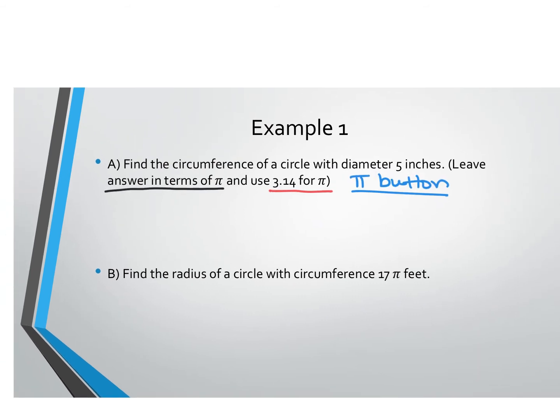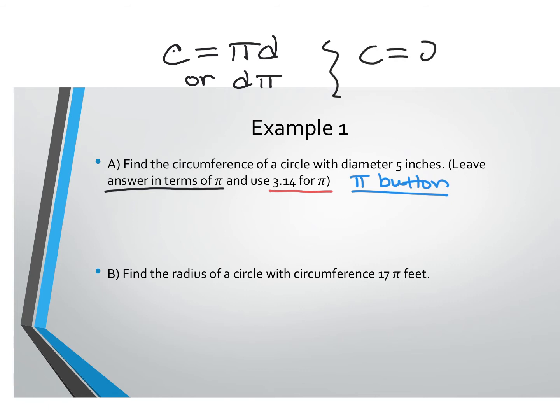So the 2 formulas for circumference that you're memorizing, you're either memorizing it as pi times diameter, or, remember, you could flip it and do diameter times pi. Or if you're given a radius, 2 times pi times the radius, or rearrange it and say, you know what? I can do it mentally.